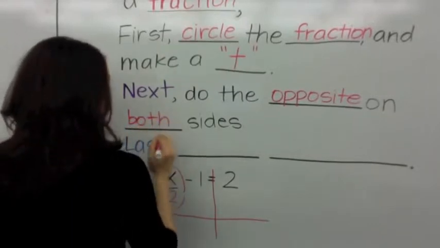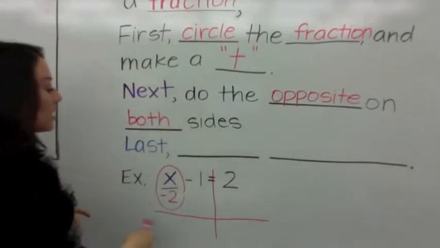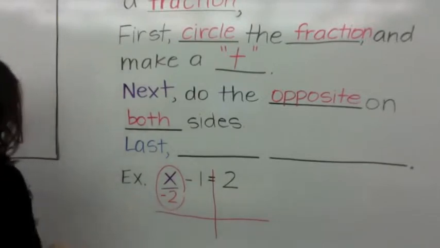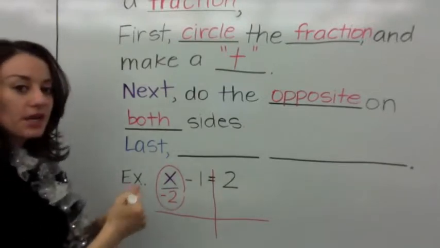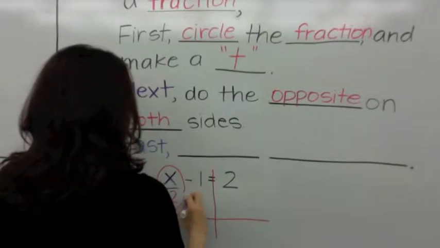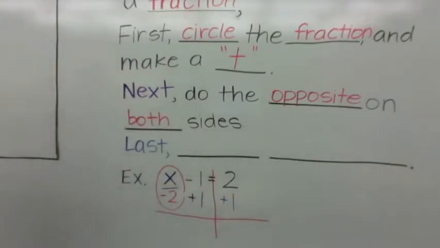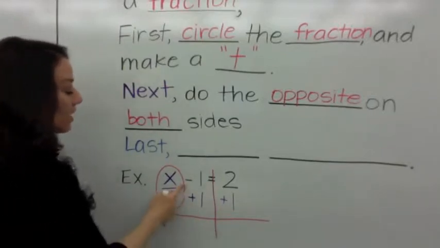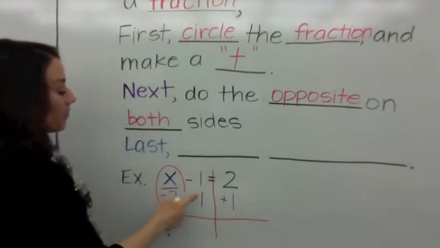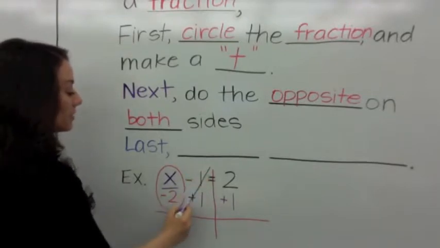What is the opposite of -1? The opposite of -1 is +1. That's right. A -1 and a +1 make 0.